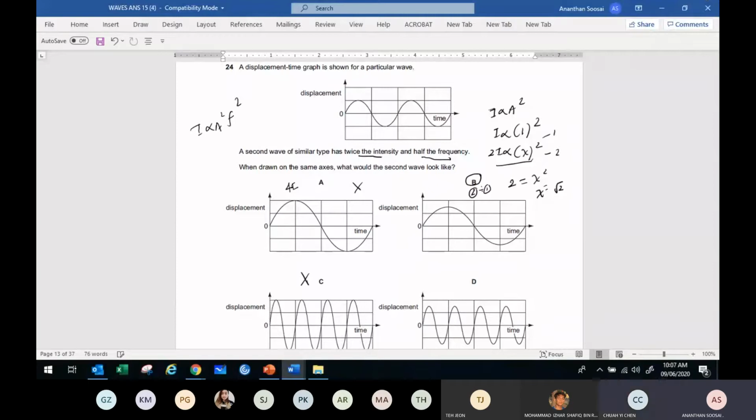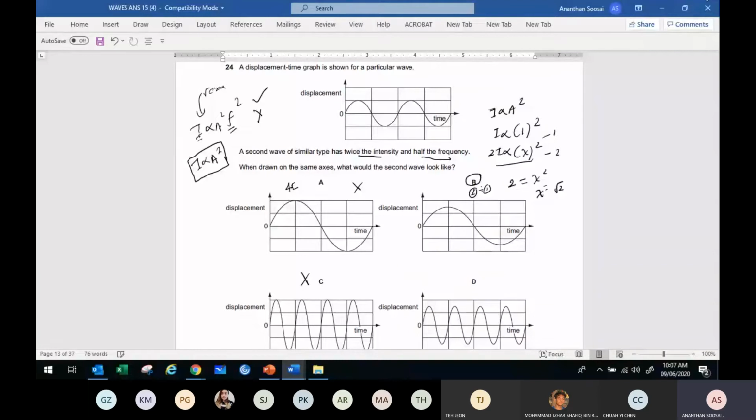But this is not in the syllabus. Your syllabus has I proportional to amplitude squared only. Although we know frequency affects the intensity, research found this is the actual formula.